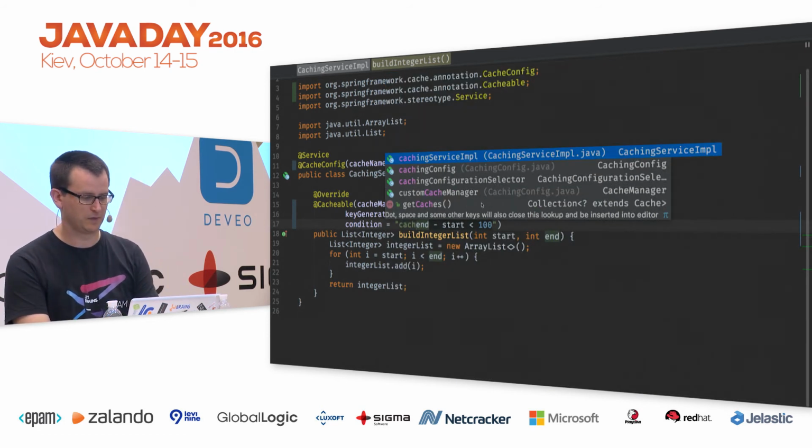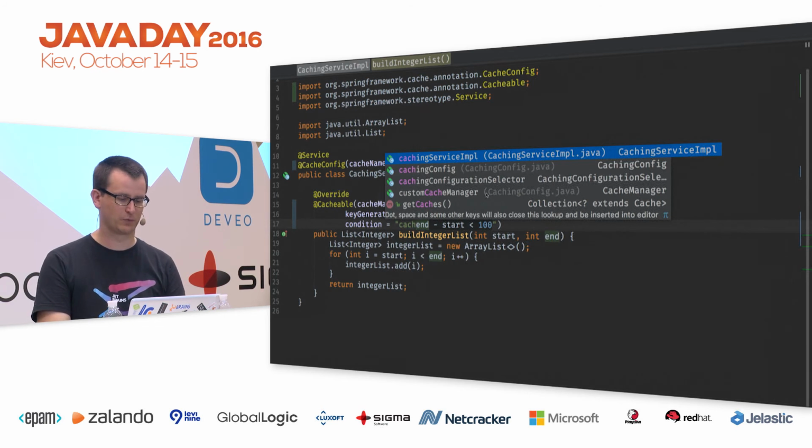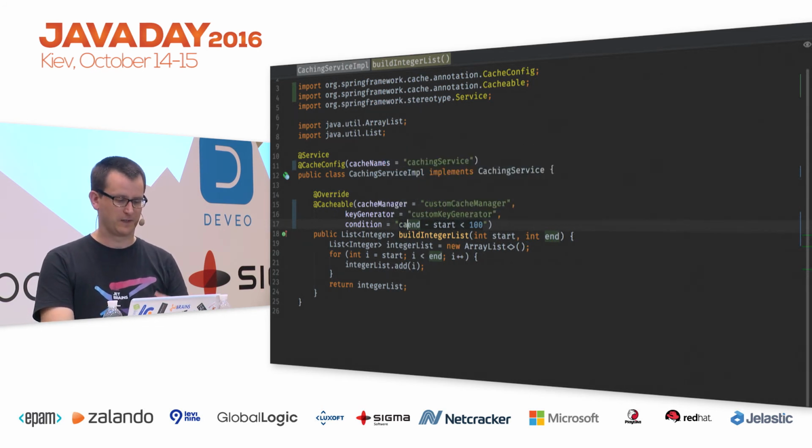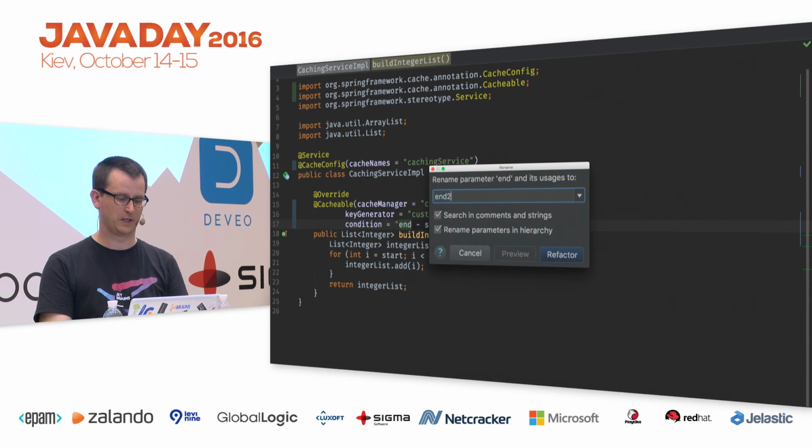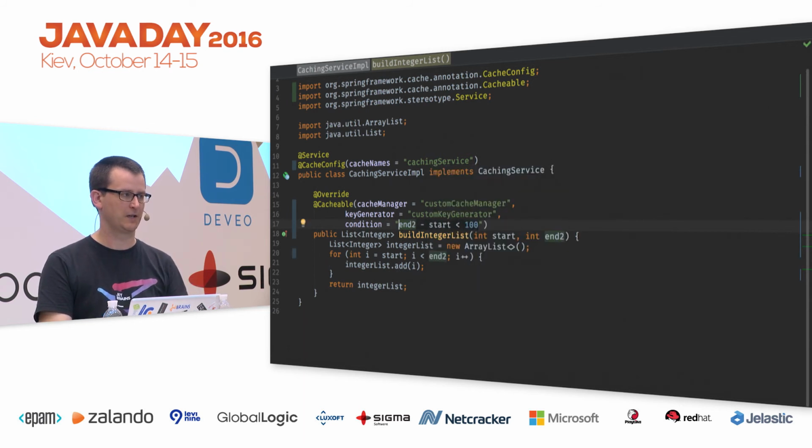For example, the custom cache manager we can refer to and stuff like that. So yeah, the IDE really understands that we are now in the caching context and that various stuff is available in this annotation because it will be available at runtime. And I can even use refactoring here and rename stuff and it will align everything, right? So that's very, very interesting.